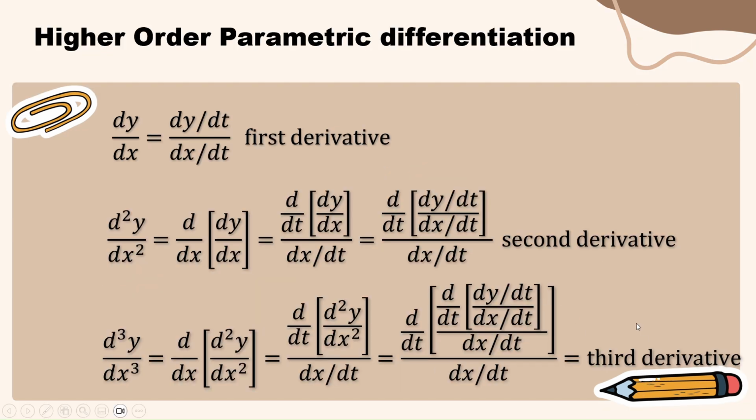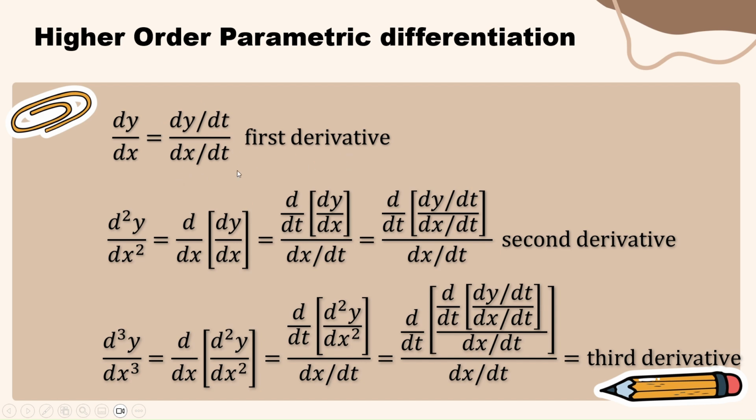Okay? Bali, just like our ordinary functions, we can also get the higher order derivative of parametric equation, that is higher order parametric differentiation. So we all know that the first derivative of our parametric equation is given by dy over dt divided by dx over dt.